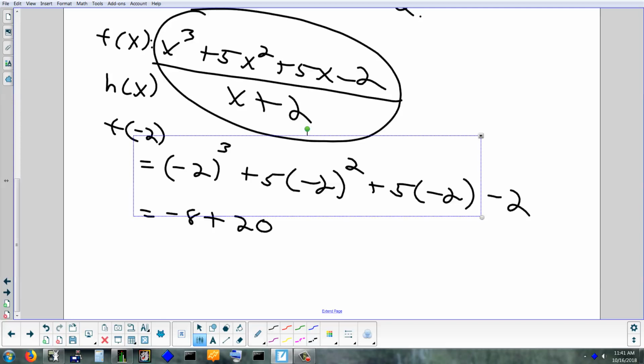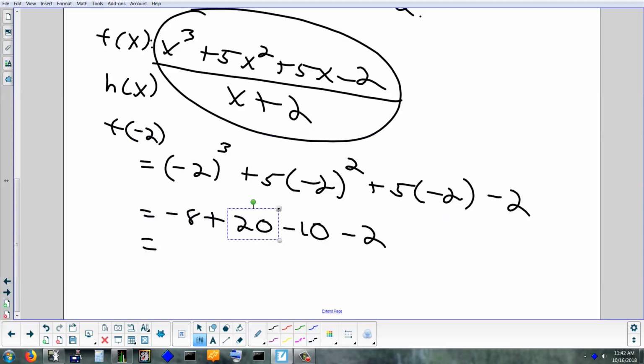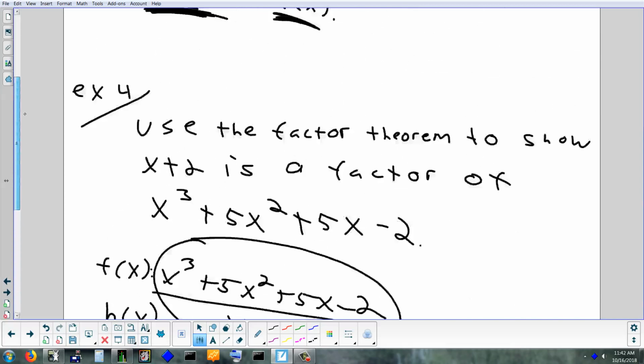Positive 5 times negative 2 is negative 10 minus 2. What's negative 8 plus 20? Negative 12. And negative 12 minus 10 minus 2 gives me what? 0. 0.